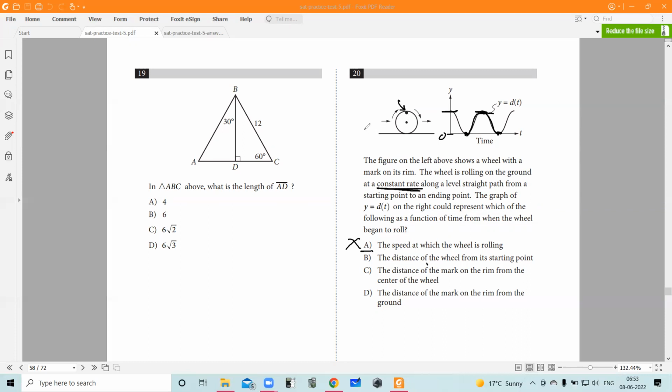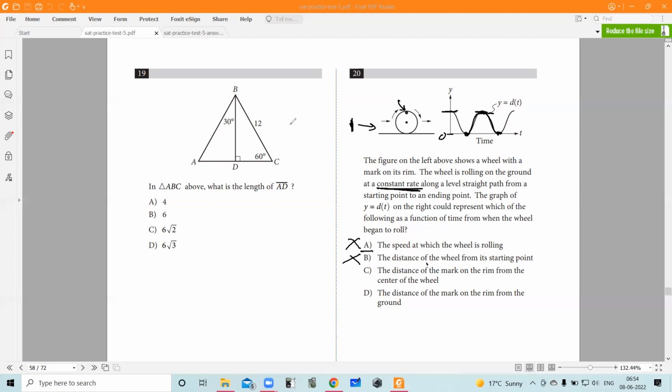If the starting point is here and the wheel is moving, is the distance continuously increasing, or going up and down? It's going to continue increasing. When I did this one, I was just thinking about that point moving, and about the x-axis, and I wasn't thinking about how y is going up and down. So I think I understand now why it's not B.